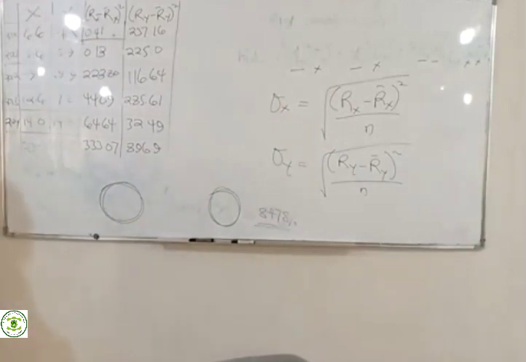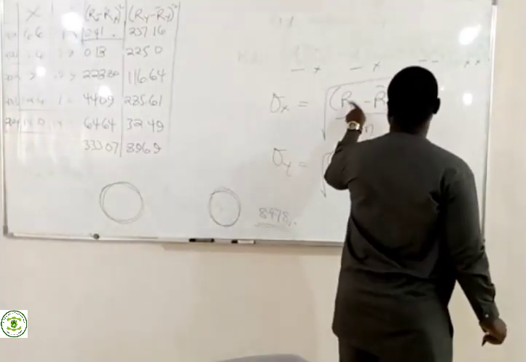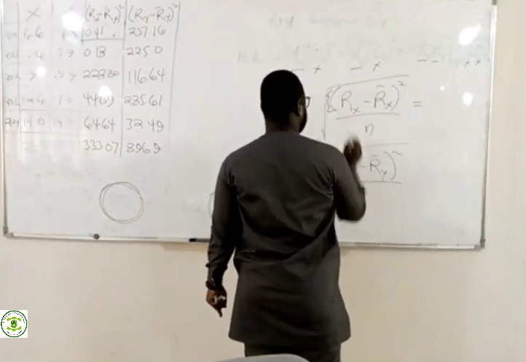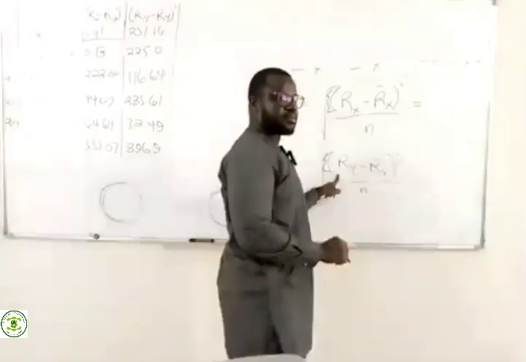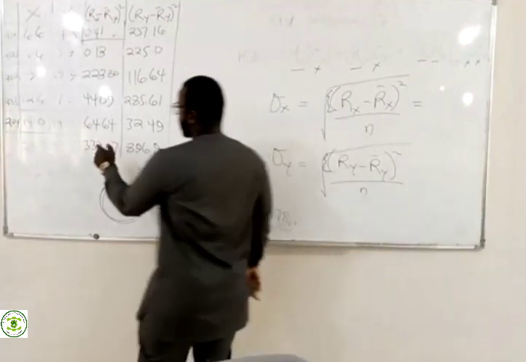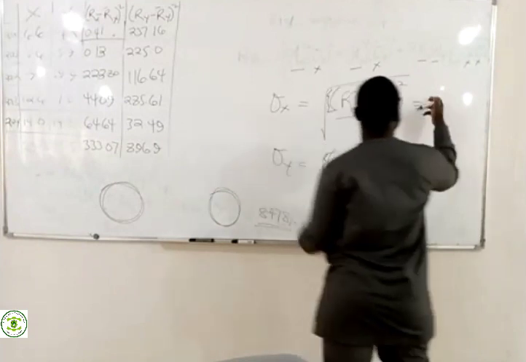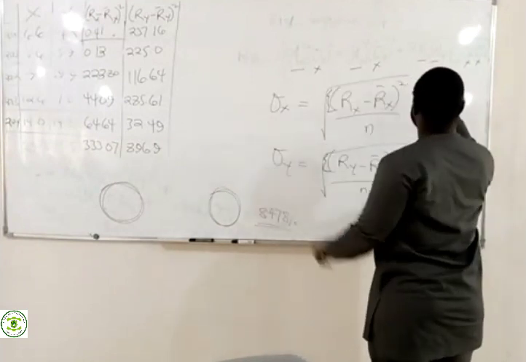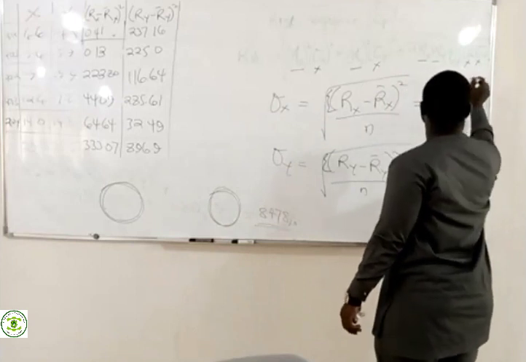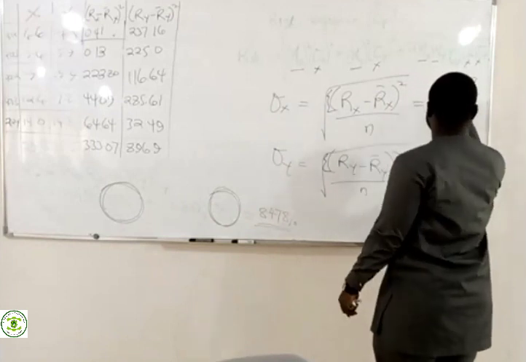Are we together? So in this particular case, what we have found here, remember here, I missed the sigma. So we have to add. What we have here is what we have here. So here will be 0.07 all over n, and n is 5.